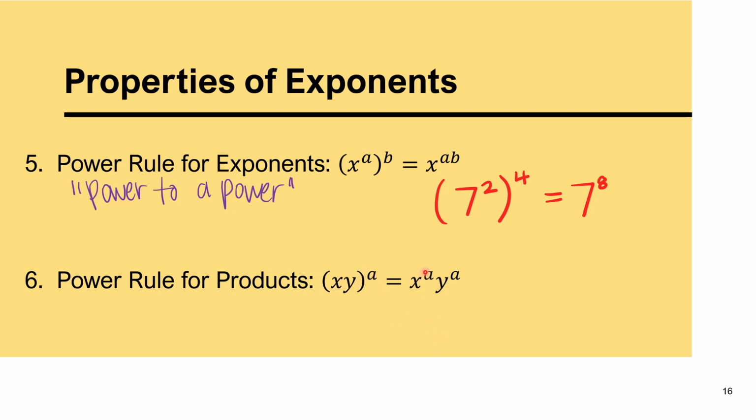So that becomes x to the a times y to the a. An example of this, something like 2x raised to the 5th power. You would say, I've got to distribute this power to both terms. So that's going to become 2 to the 5th times x to the 5th.